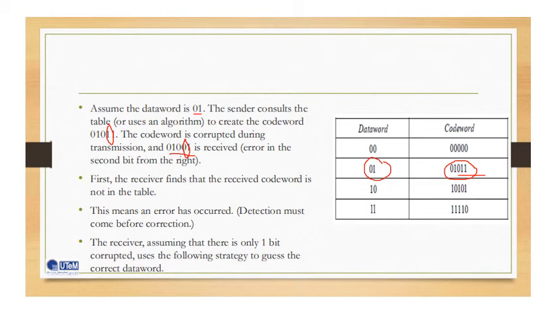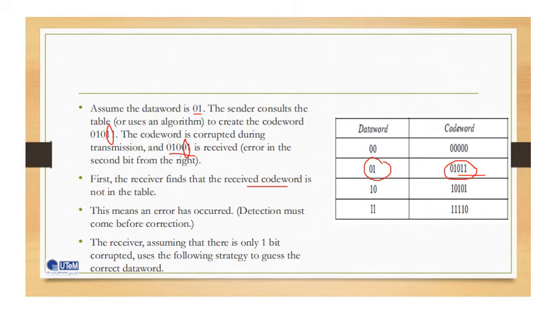First, the receiver finds that the received code word is not in the table. 01001 is not on the list. This means that an error has occurred. The receiver assumes that only one bit is corrupted, so it uses the following strategy to guess the correct data word. So we have some strategies, some techniques for error correction.